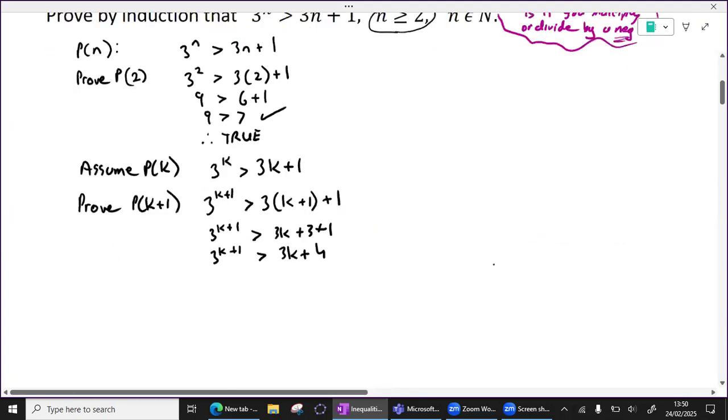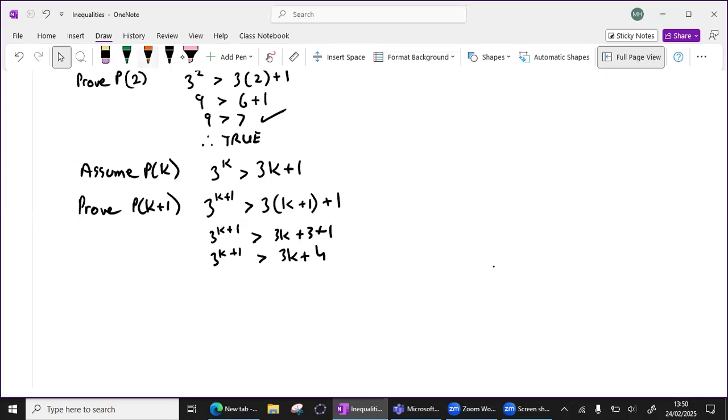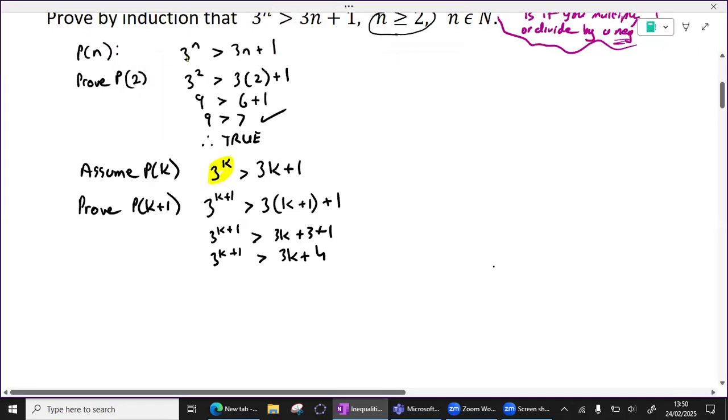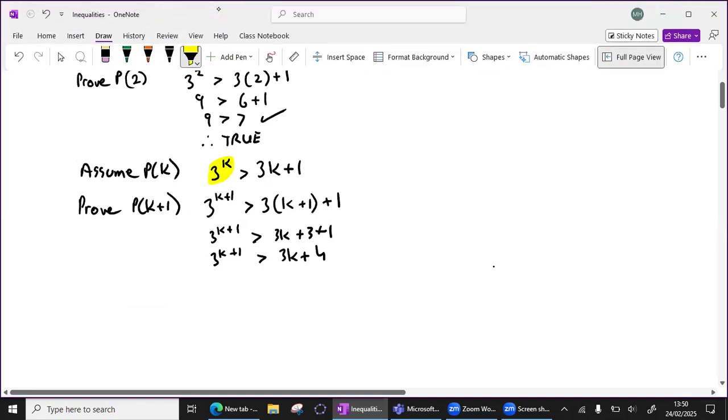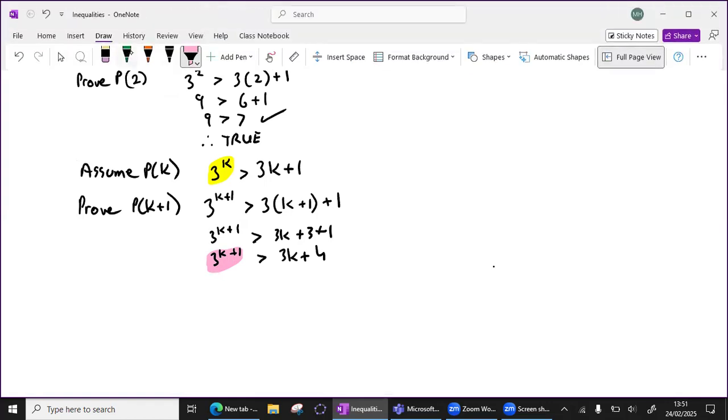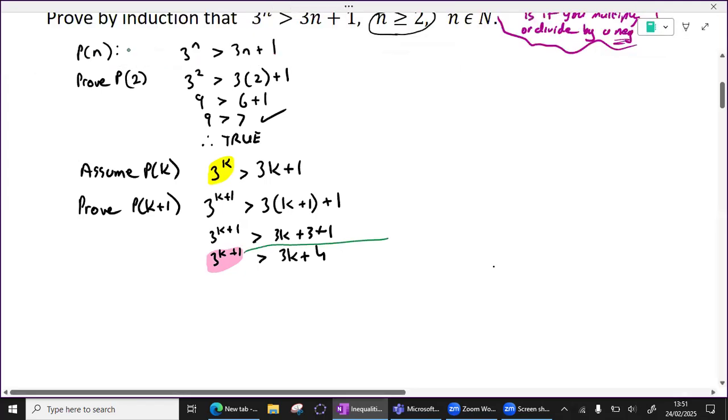Using my highlighters, we are going to try to make the yellow somehow into the pink. In other words, we need to figure out a way to make our assume sentence look like our prove sentence.